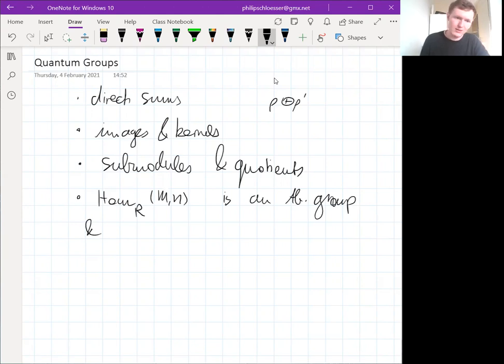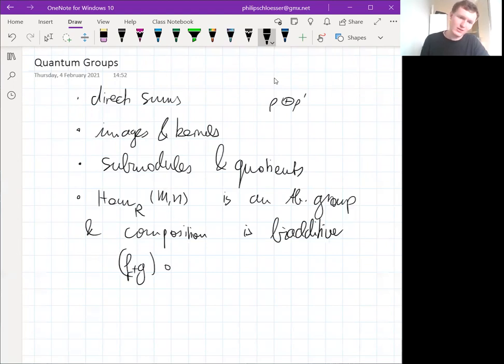And the composition is biadditive, meaning that f plus g composed with h plus i is equal to f composed with h plus g composed with h plus f composed with i plus g composed with i.